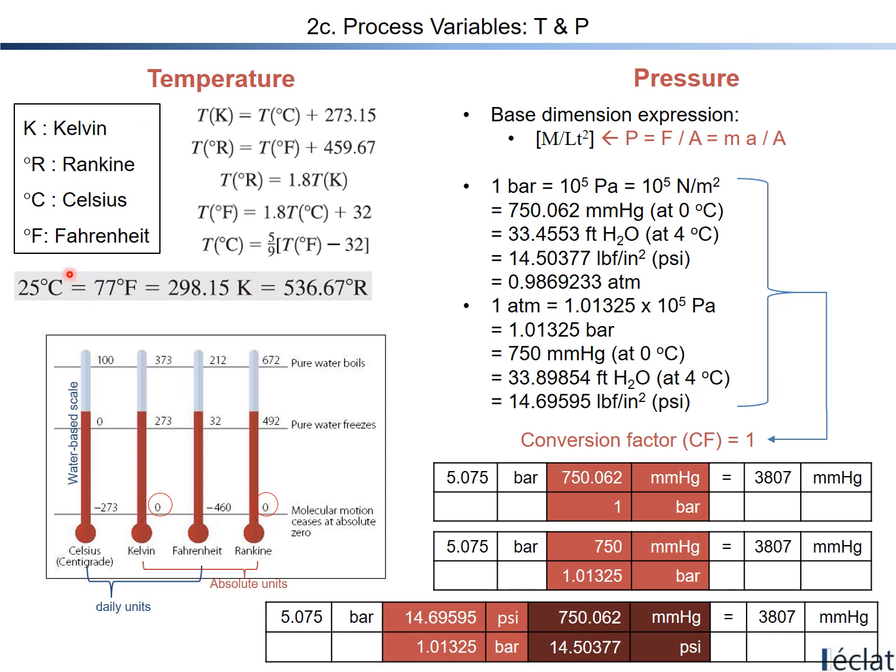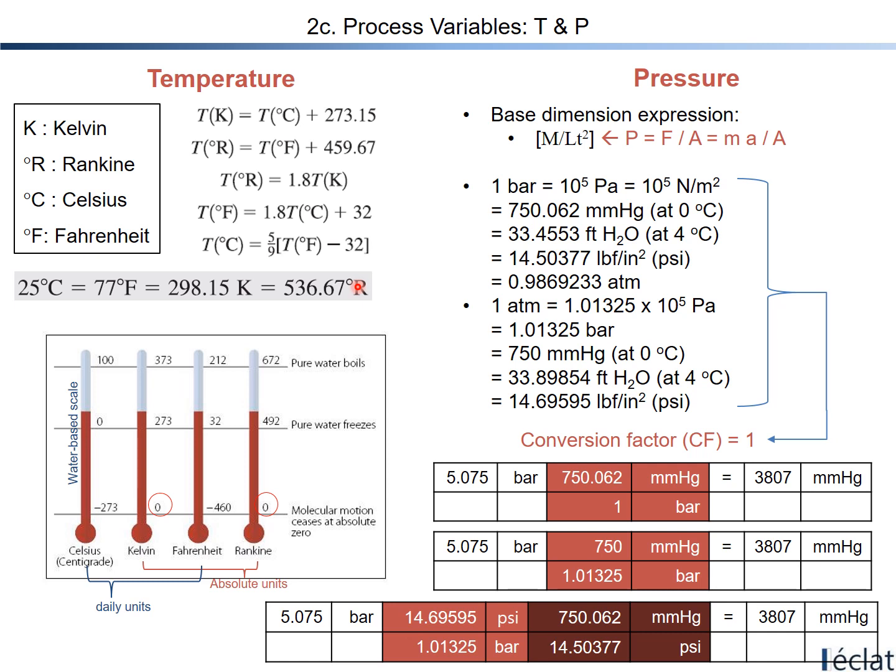Room temperature is equal to 25 degree Celsius, which is equal to 77 degree Fahrenheit, which is equal to 298.15 Kelvin. When we are using the Kelvin, we want to use degree, which is equal to 536.67 degree Rankine.